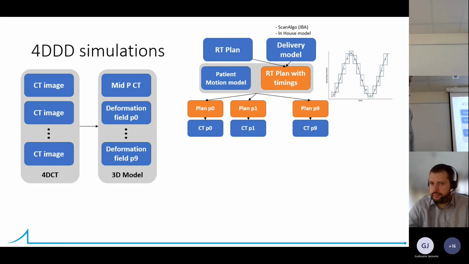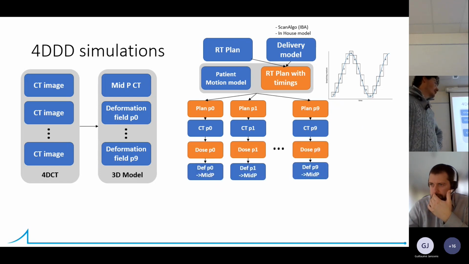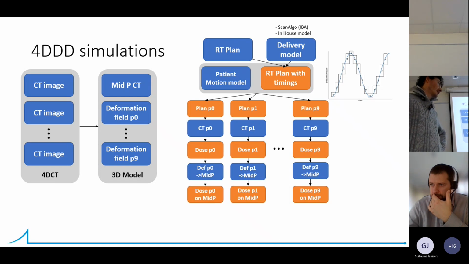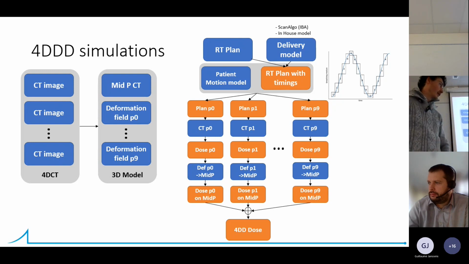Then you simulate the dose on the CT. You obtain the dose, then you deform it back to the mid-position CT, and then finally you can add all those doses. Note here that you don't have to multiply by 1/10 because it's only a subset of each spot for each dose, and then you obtain this 4D dynamic dose, which evaluates the interplay.